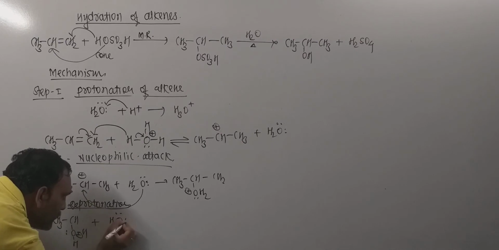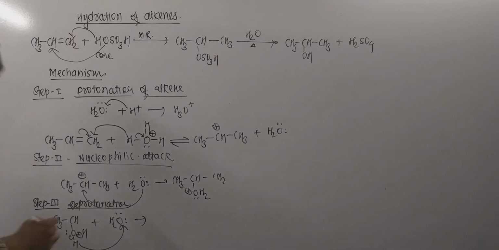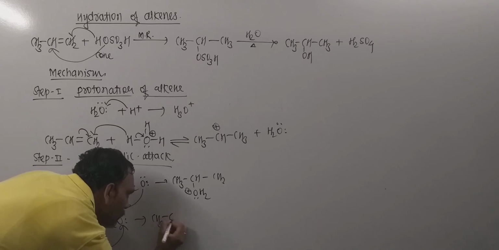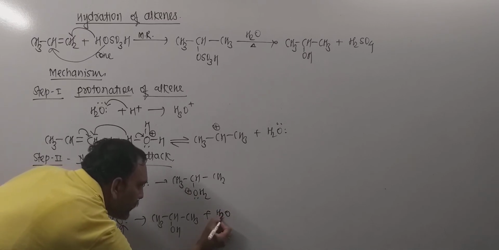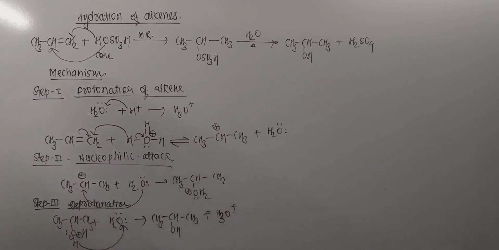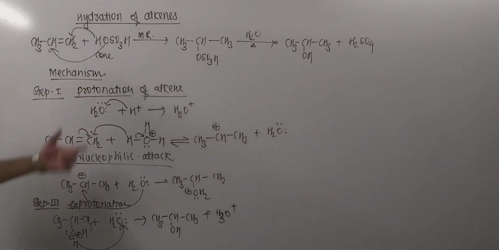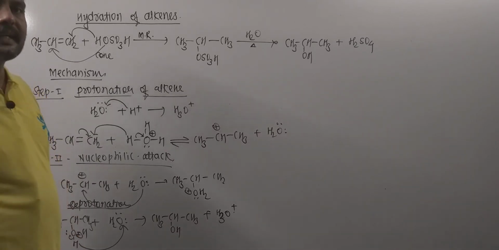So this intermediate loses a proton like this, and the electron pair remains at the oxygen, and that leads to the formation of an alcohol which can be given as. Now in this way alcohol is obtained, and this is the mechanism of the acidic hydration of alkene. Thank you very much.